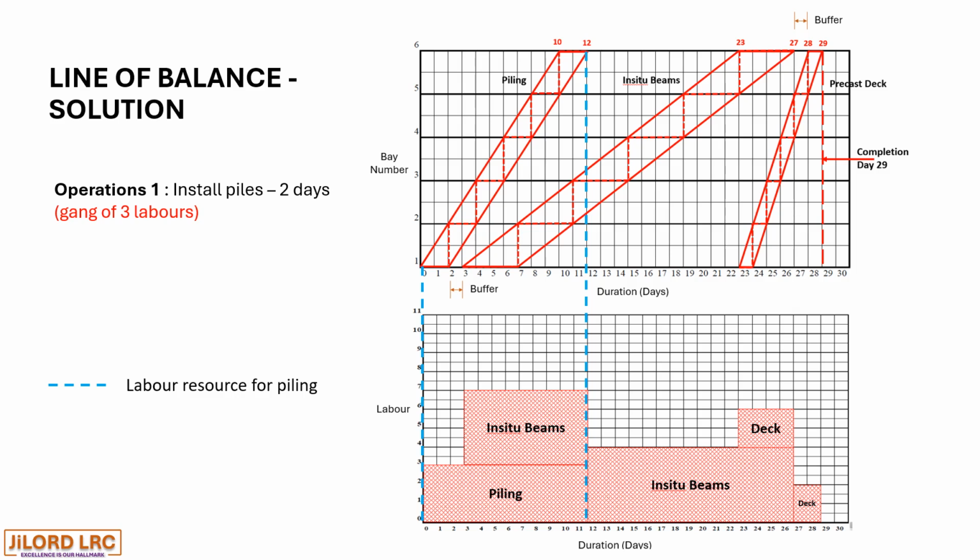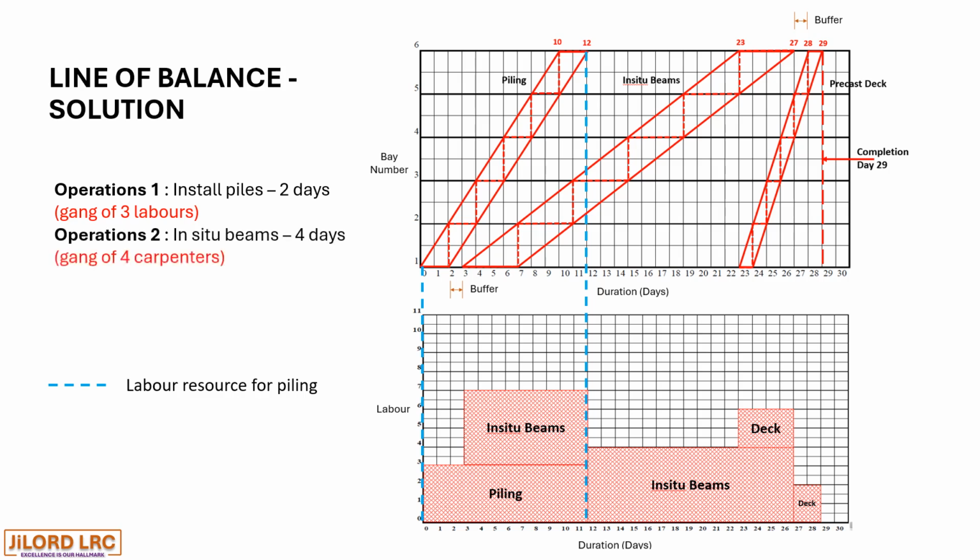And so we have the labor resource for piling starting from day 1 and ending on day 12. So we can see the blue line indicating where the labor resource for piling is.